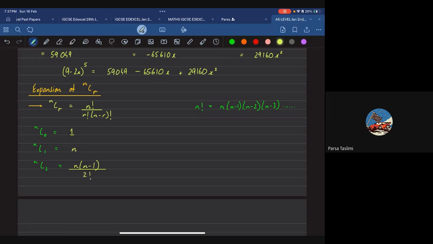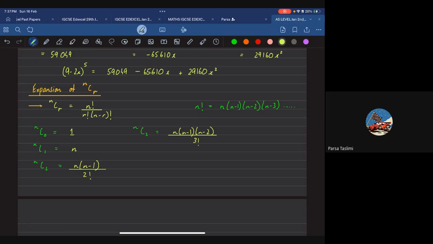Is this clear, guys? This is the expansion of this with different powers of r. Similar is the case over here where you're going to have NC3. So you're simply going to have n times n minus 1 times n minus 2 over 3 factorial.